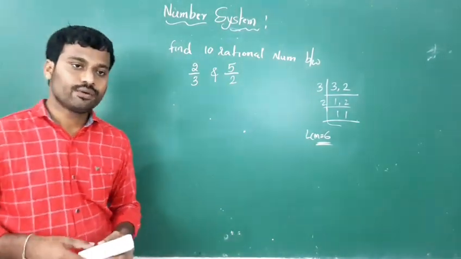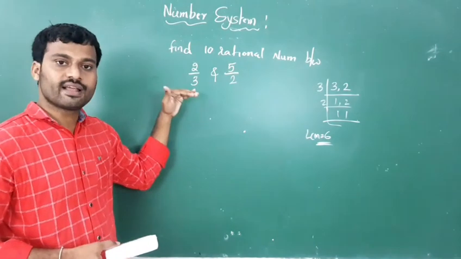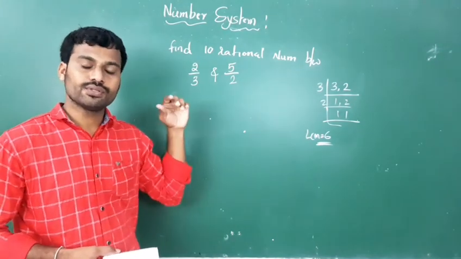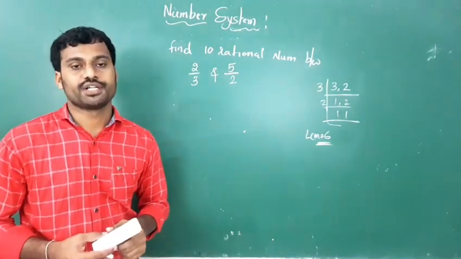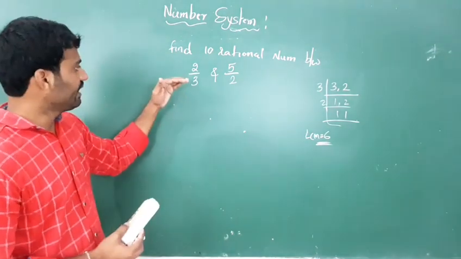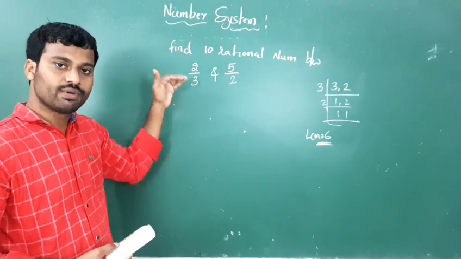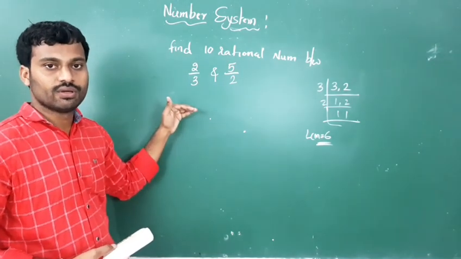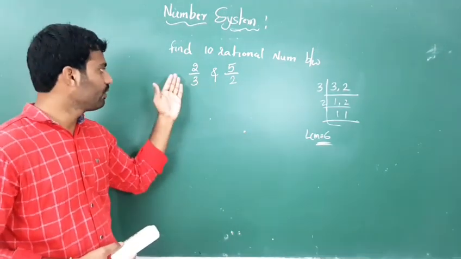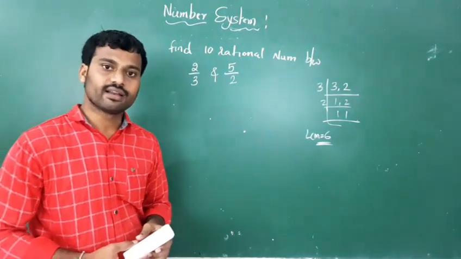Next, we should make the denominator 6. For that we have to use the equivalent rational number concept. That means we can multiply the numerator and denominator by the same non-zero number, and the resultant number will be equivalent to the original. Is it clear? Yes.